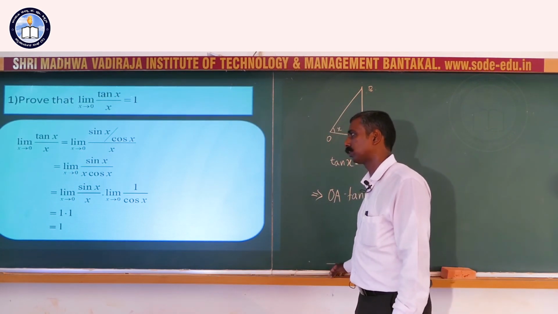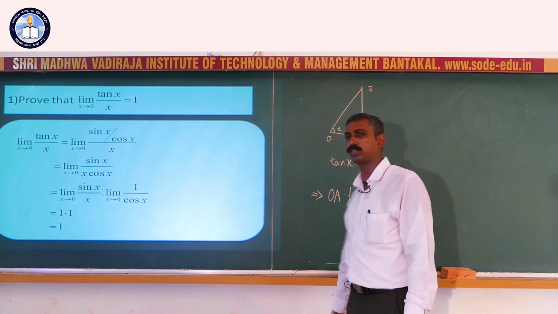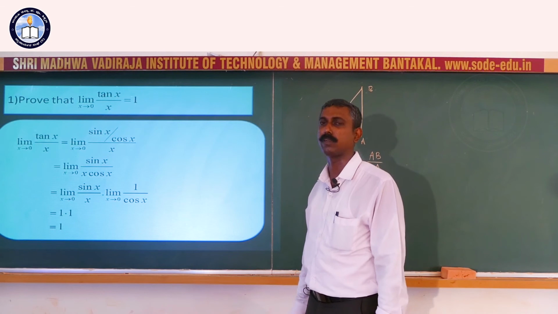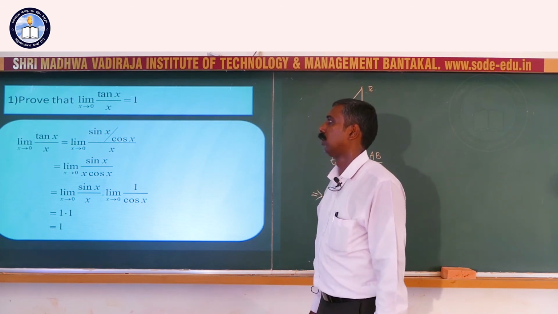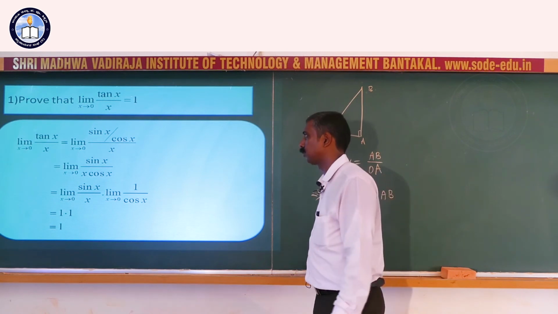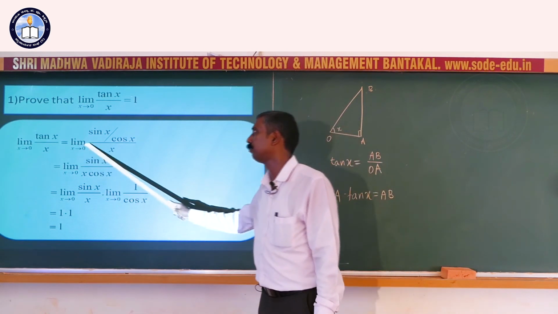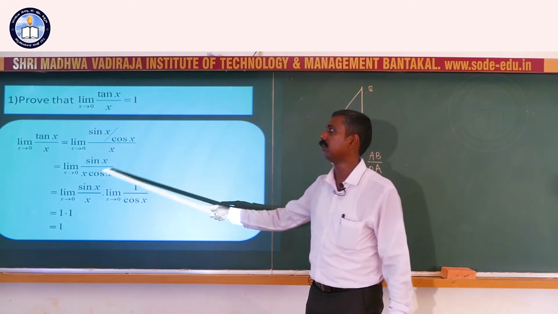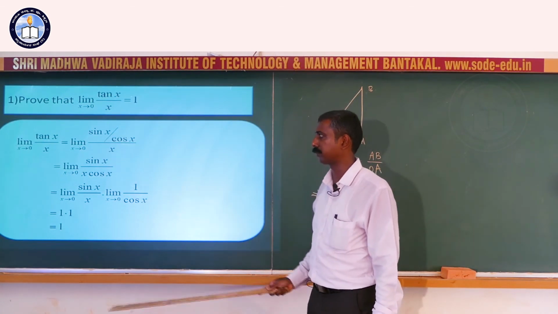Now, using those two theorems, we will try to prove one small result, that is, limit x tends to 0, tan x by x is equal to 1. As in the previous case, limit x tends to 0, tan x by x. As tan x is sin x by cos x, we split it, I mean cos x will be taken to the denominator.